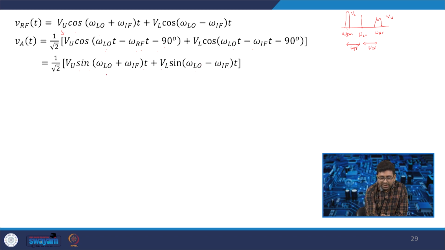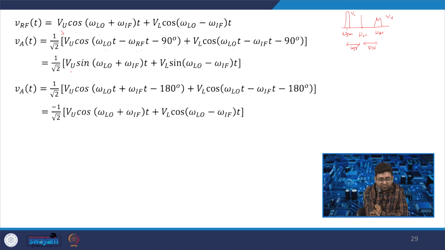So, what we will get is a combination of omega LO plus omega IF, the upper sideband, and omega LO minus omega IF, the lower sideband. So, here we have down converted both the RF as well as the image.